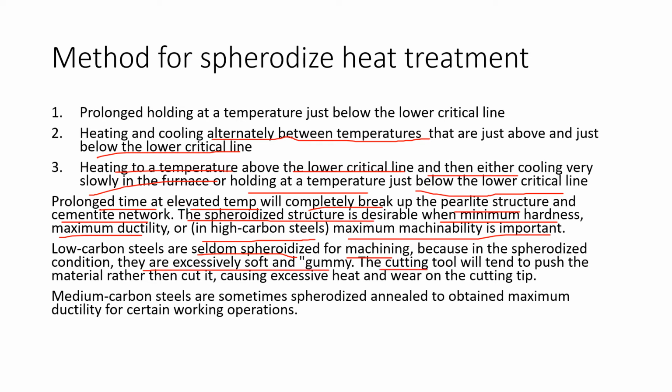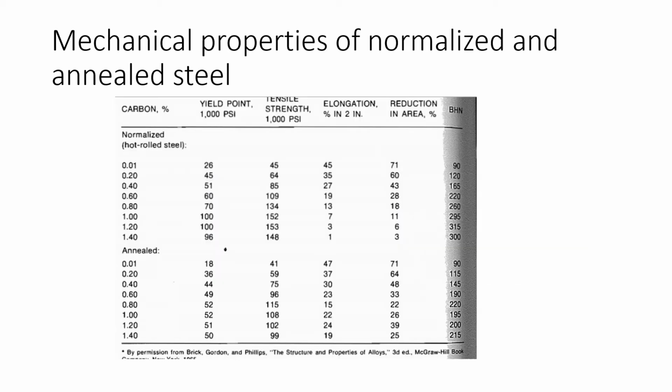The cutting tool will tend to push the material rather than cut it, causing excessive heat and wear on the cutting tip. Medium carbon steels are sometimes spheroidize annealed to obtain maximum ductility for certain working operations.